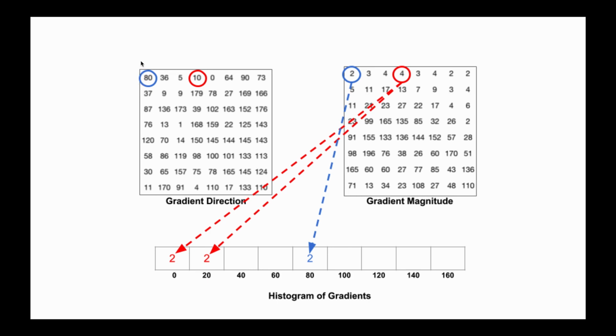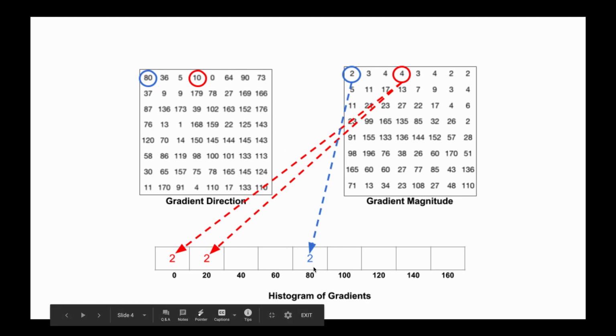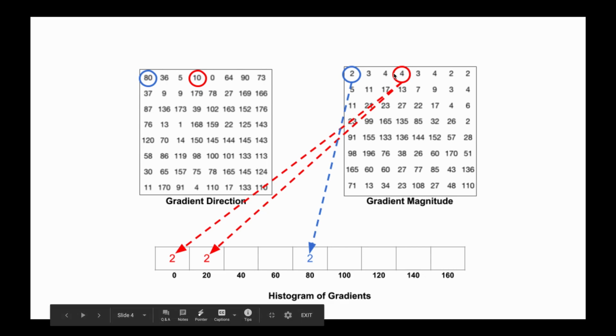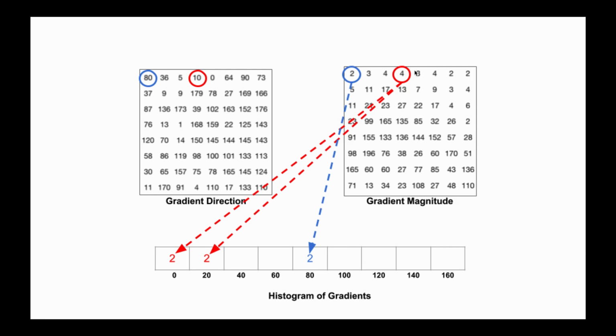It has an angle of 80 degrees and a value of 2. So it adds 2 to the fifth bin, which is 80 degrees. Now look at the values circled in red, the gradient values 10 and 4.